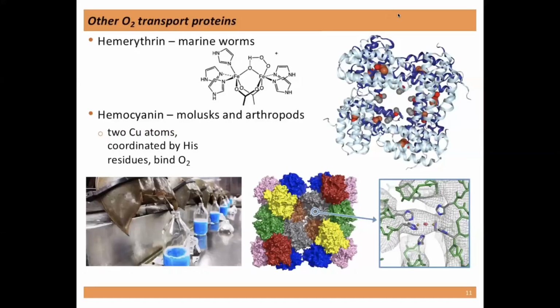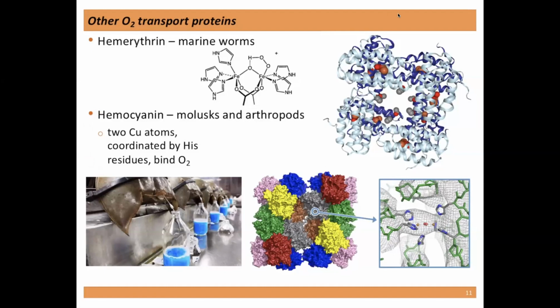So there are other types of oxygen storing proteins and groups. One that's interesting down there, and I'll give the bonus right away, is the hemocyanin that's found in mollusks and arthropods. So these are horseshoe crabs here.